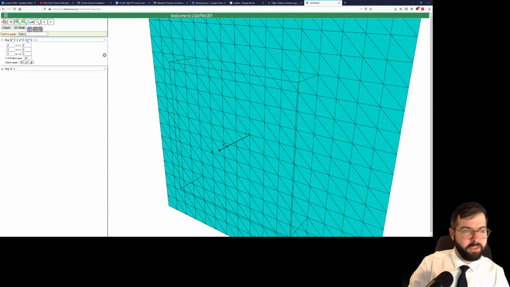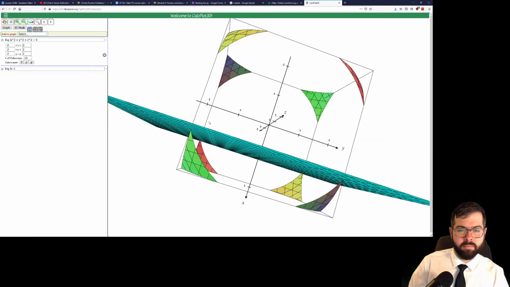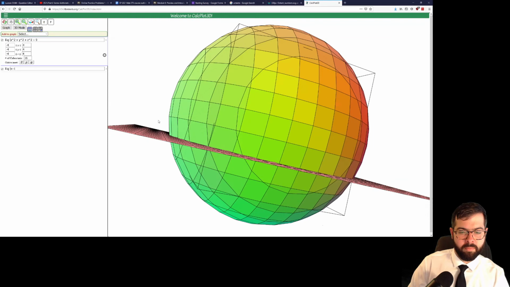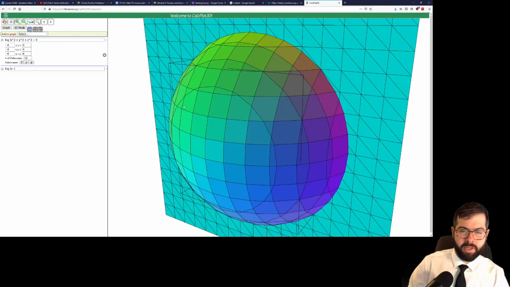Why did that change? I don't know. And now you can't see what's happening. It's all right. I'll put it back in the original position.